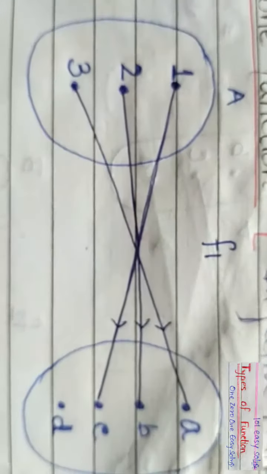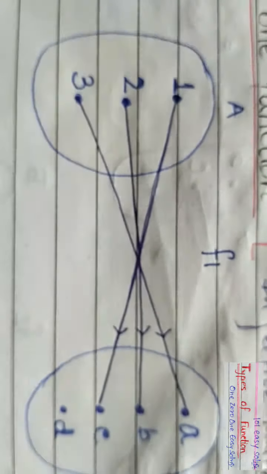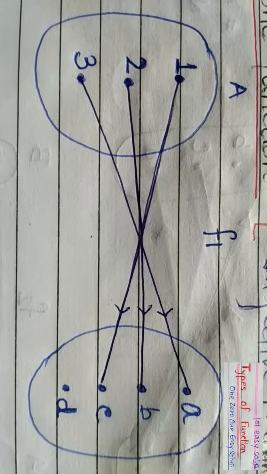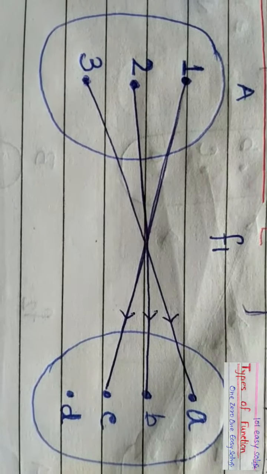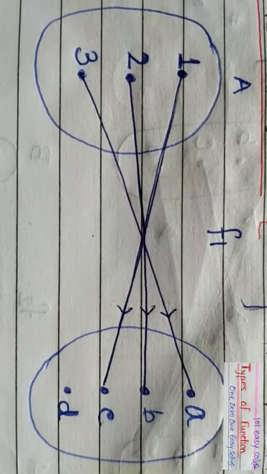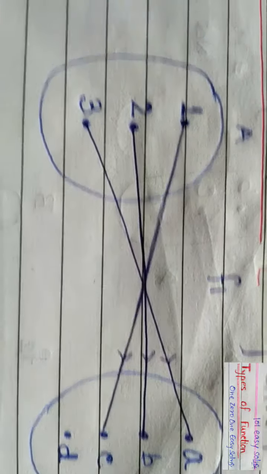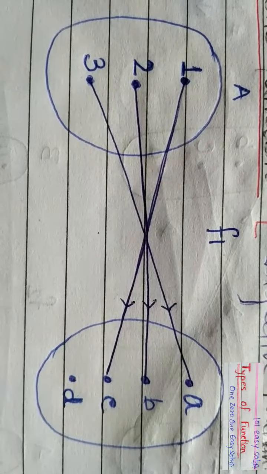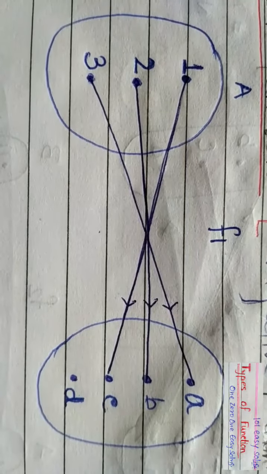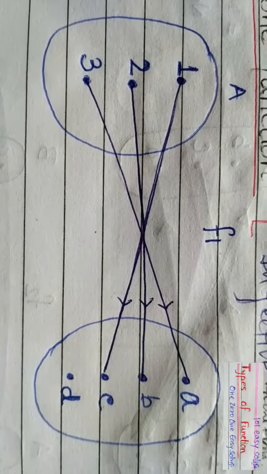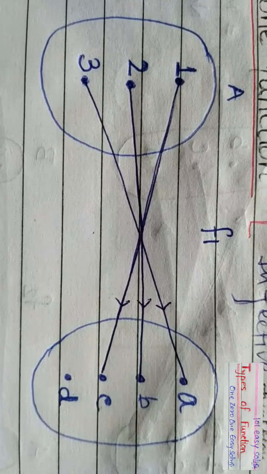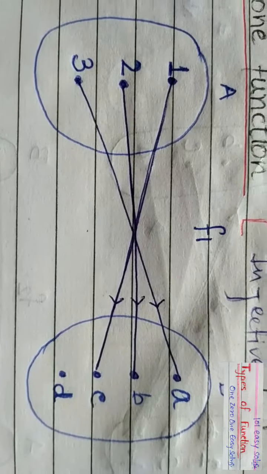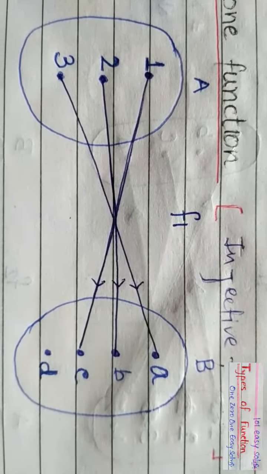So all elements or members of set A have a distinct or unique image in set B. So image of 1 is C, image of 2 is B, and image of 3 is A. So all, I repeat, every element of A has a distinct or unique image in B, and this is the definition of injective function.